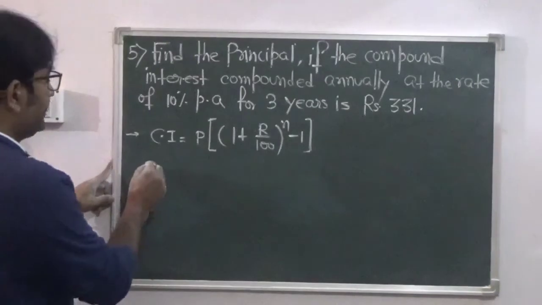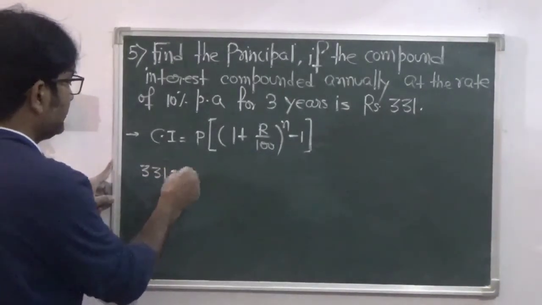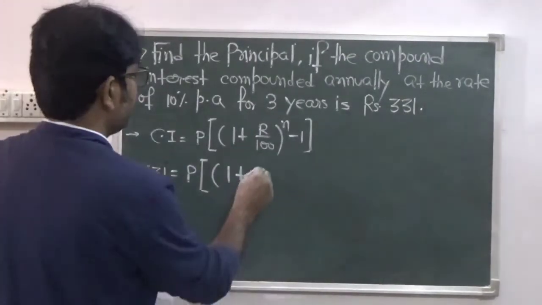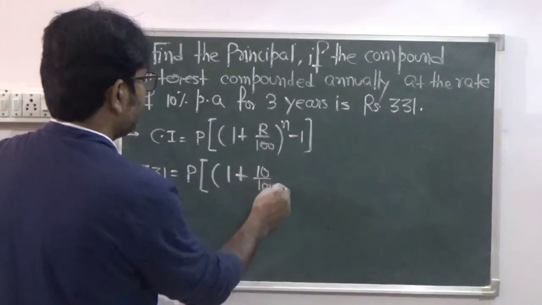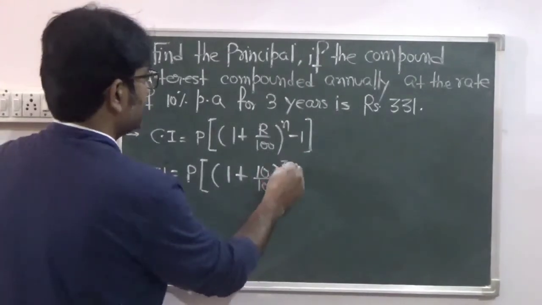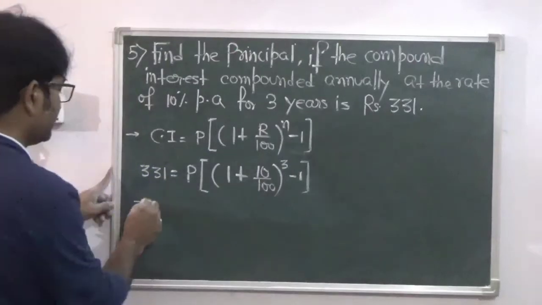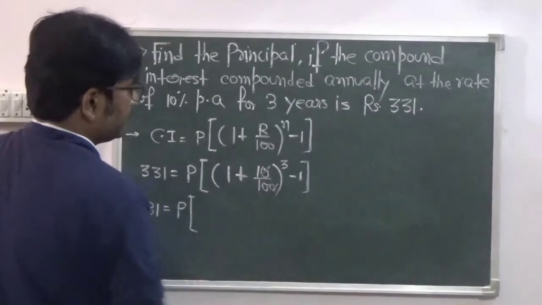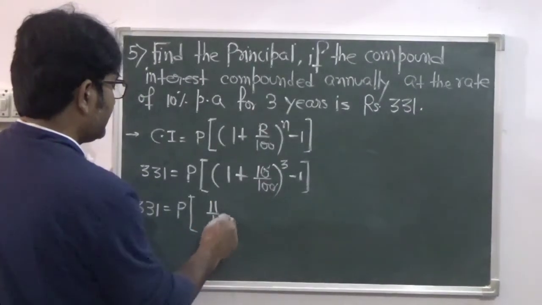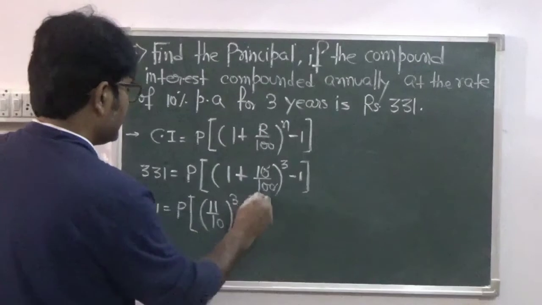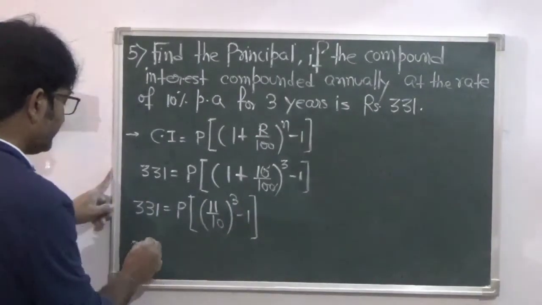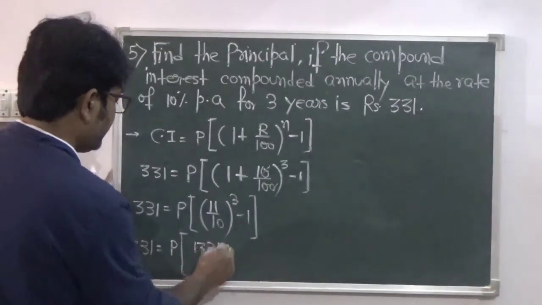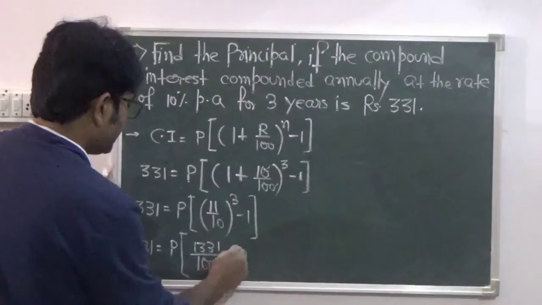The compound interest given is 331, so it is 1 plus, rate is given as 10%, so it is 10 by 100, time is 3 years, minus 1. So 331 equals P into, if you cancel, 1 by 10, so it is 11 by 10 to the power 3, minus 1. So it is 331 equals P into 1331 by 1000 minus 1.